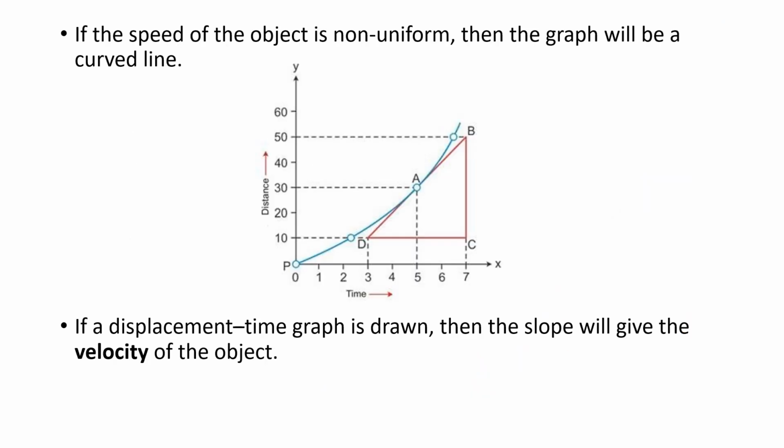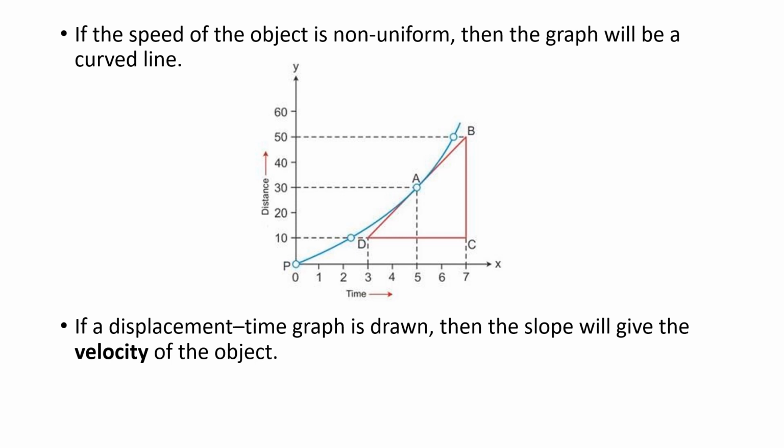Now we will study about distance time graph for non-uniform motion. As we all know, if a body travels unequal distances in equal intervals of time, then the motion of this body is known as non-uniform motion. If the speed of the object is non-uniform, then the graph will be a curved line.